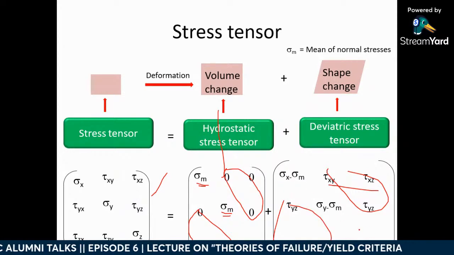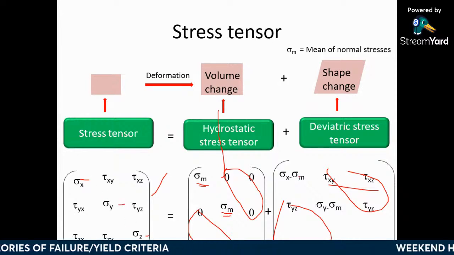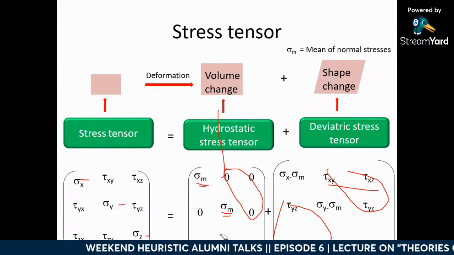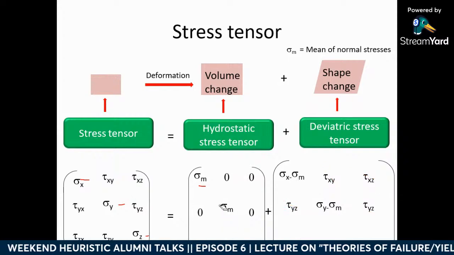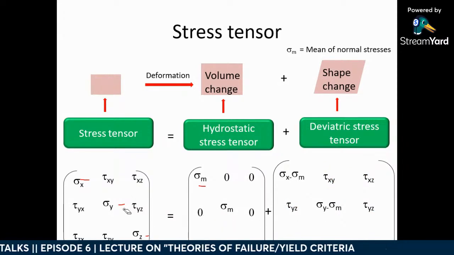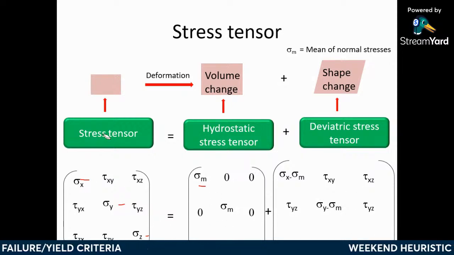In the diagonal, just you need to subtract the average stress: sigma x minus sigma m, sigma y minus sigma m, sigma z minus sigma m. Clear? So when you add these two, you should be able to get the original stress tensor. Right? Just add these two, and again you will get the original stress tensor, whatever you are applying.